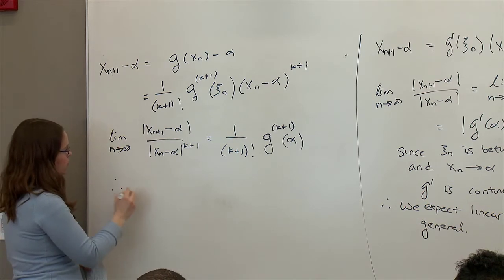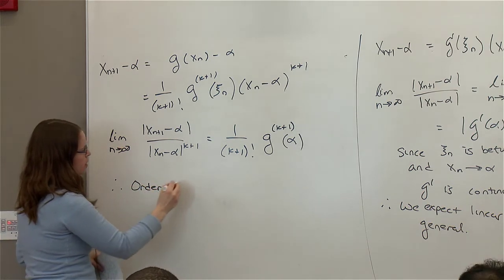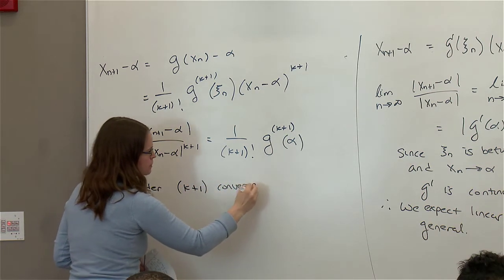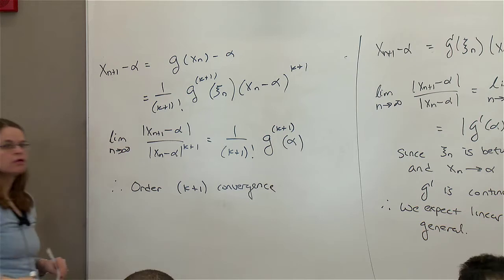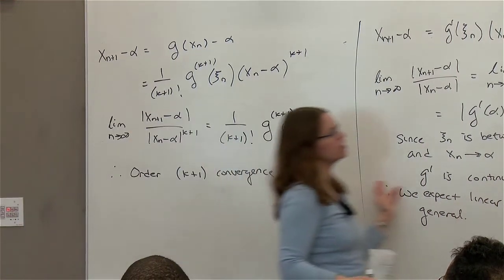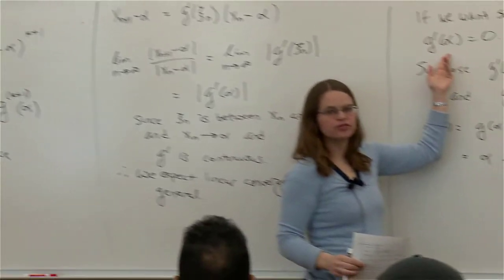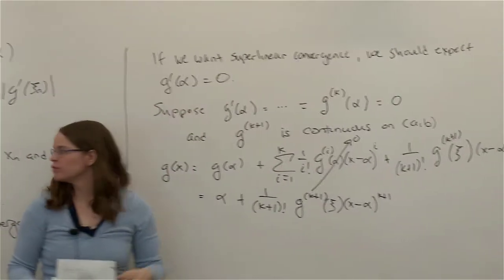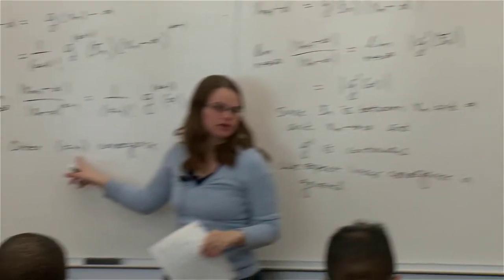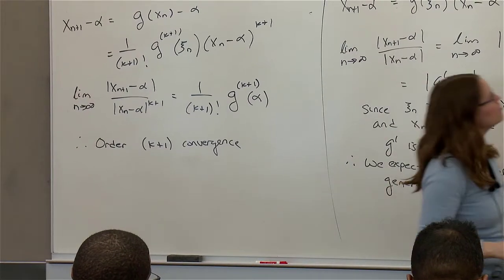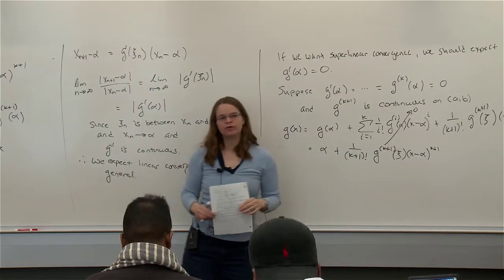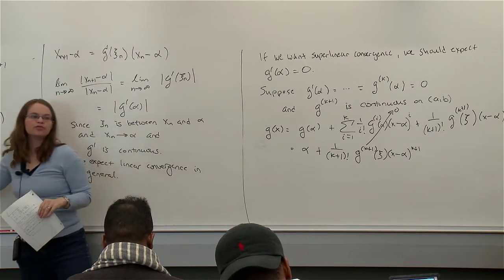So what do we get? We get order k+1 convergence. So if only the first derivative was 0, then we'd expect a boost up to 1+1 convergence, second order convergence. If we could manufacture g to make higher order derivatives 0, then we could boost this even higher.